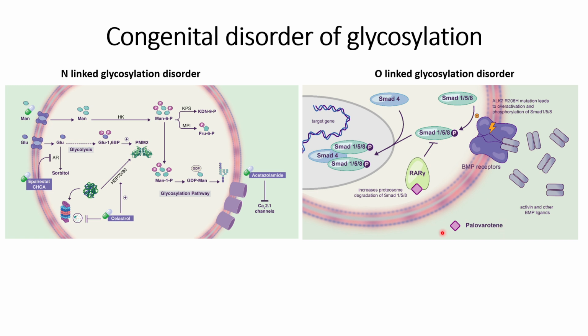So this is how they are trying to regain healthy cellular functions in the case of O-linked glycosylation disorders, where these kinds of mutations are found, such as mutations in ALK2, where R206 is mutated to H.